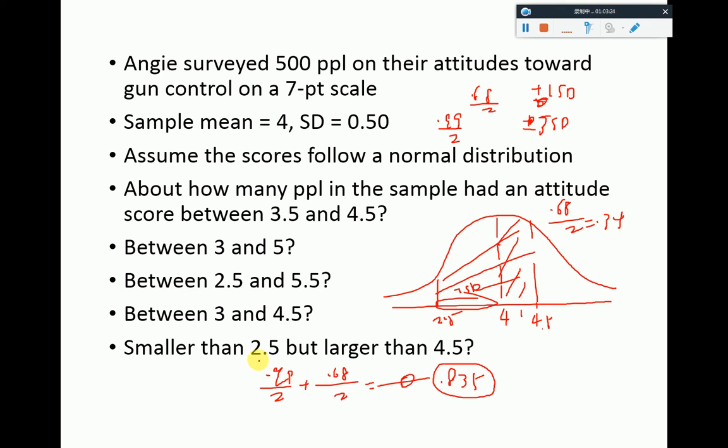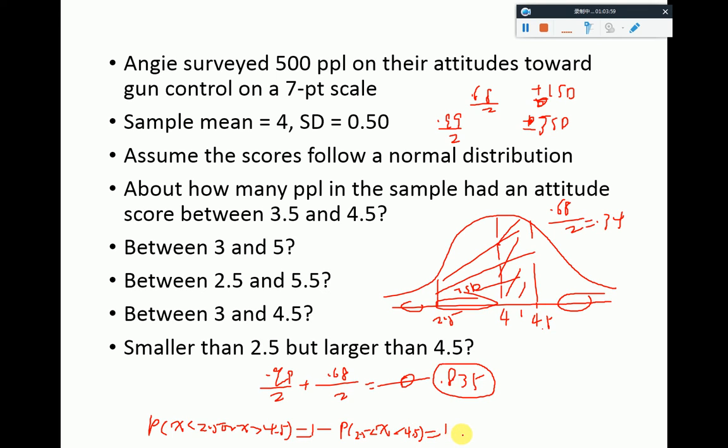But our goal is to find out the value that's smaller than 2.5 or greater than 4.5. As we said just now, right, then this probability is very easy. So for any score that's smaller than 2.5 or greater than 4.5 will be 1 minus the probability of any value that's greater than 2.5 but smaller than 4.5.